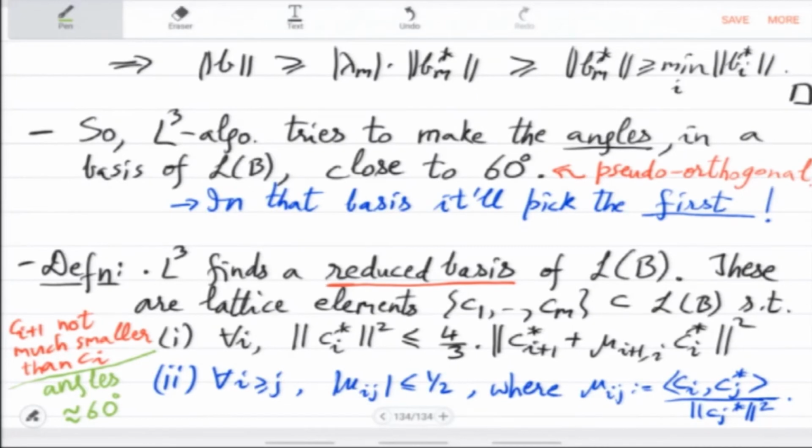So kind of orthogonal also. Okay, so kind of sorted and kind of orthogonal. These are the two ideas that we are trying to approximate here. Well, we of course don't know whether a reduced basis exists, but our algorithm will construct it. So in particular, it will show that this exists as well and is efficiently computable.